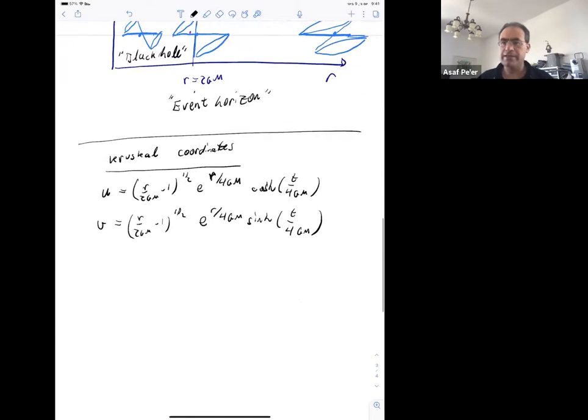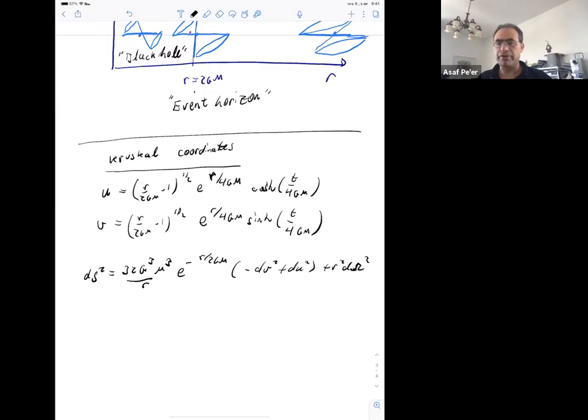And we said that using these coordinates, the Schwarzschild metric can be written in a very nice form: ds squared is equal to 32 G cubed M cubed over r, times e to the minus r over 2GM, times (minus dv squared plus du squared), plus r squared d omega squared. This is the same Schwarzschild metric, just written in different coordinates, these Kruskal coordinates.